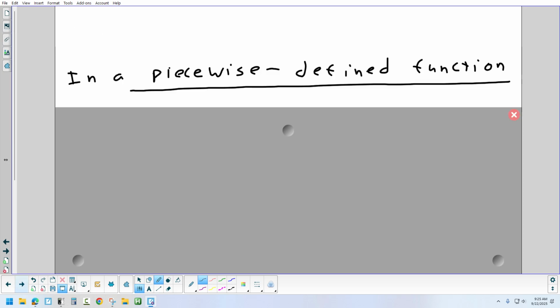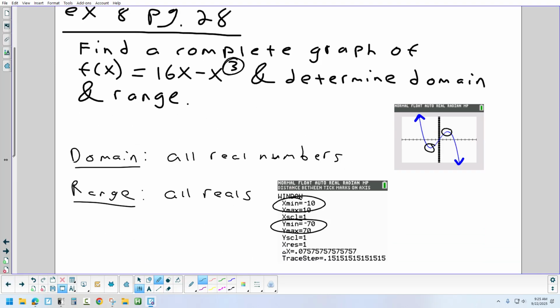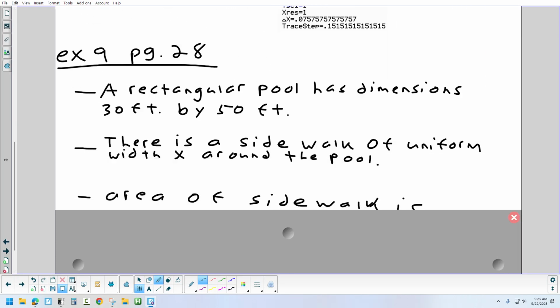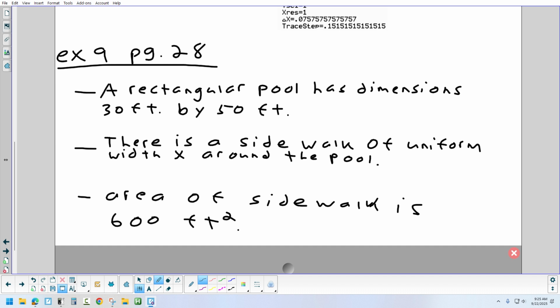Okay, let me just see what we have left. All right, not much. All right, so this one is a word problem, and I basically wrote down just the important information from it. So this is example 9 in your book on page 28. We have a rectangular pool, and the pool has dimensions 30 feet by 50 feet.